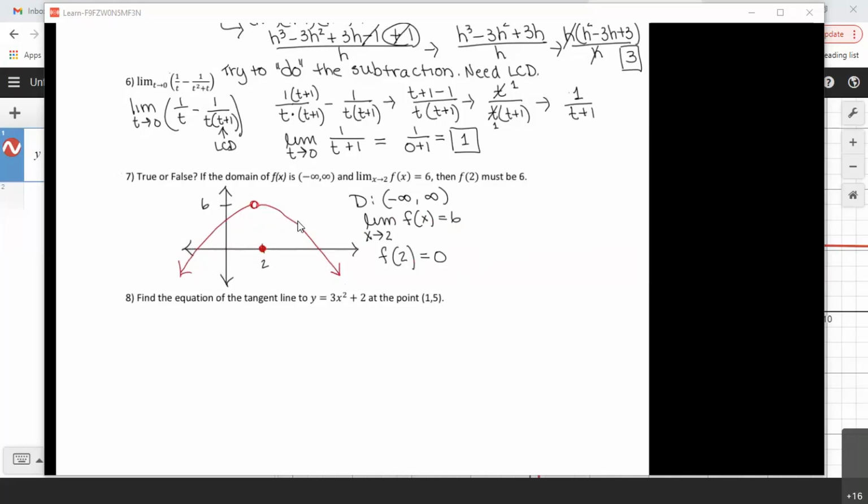So there's a y value for every x. The limit exists, it's just not the same as the function value. So whenever you get a question like this, think of discontinuities to get a counterexample.